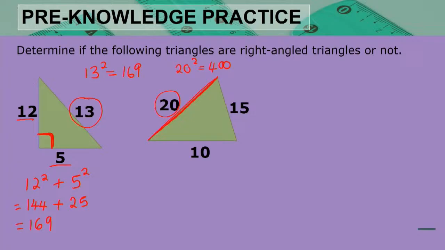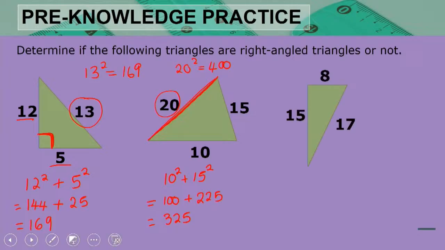So we are going to take 10 squared and add 15 squared. 10 squared is 100, and 15 squared is 225. So what is 100 plus 225? That is 325. So we can see that it is not equal to 400. What does this mean? It means this triangle here is not a right-angled triangle.